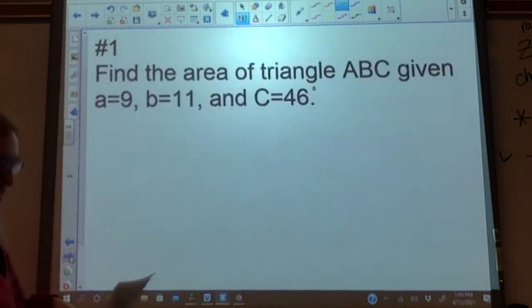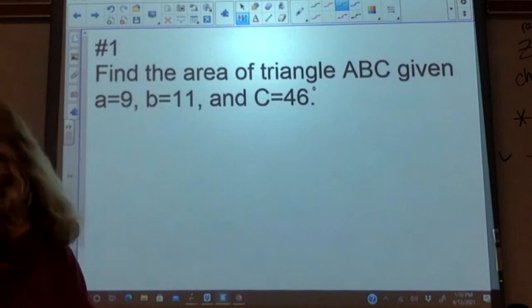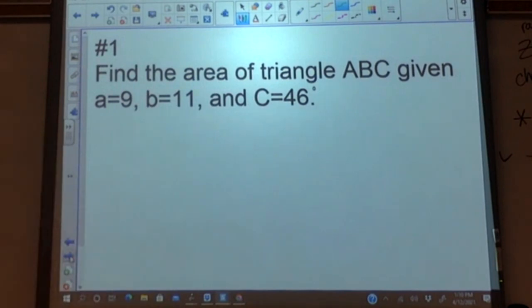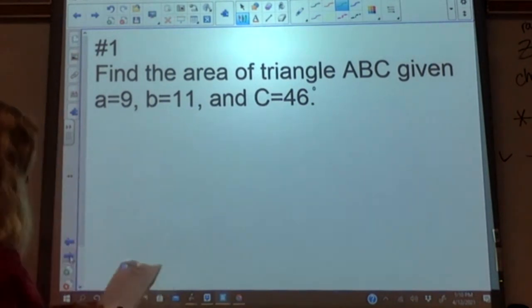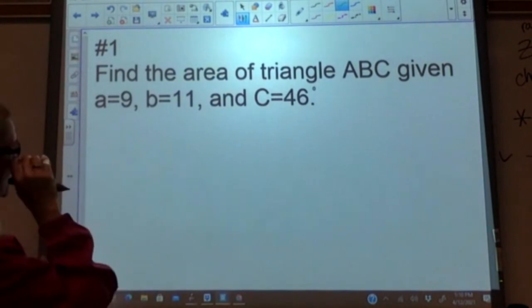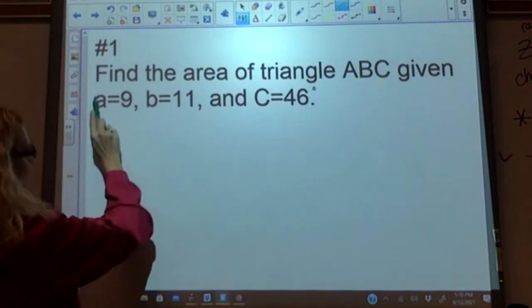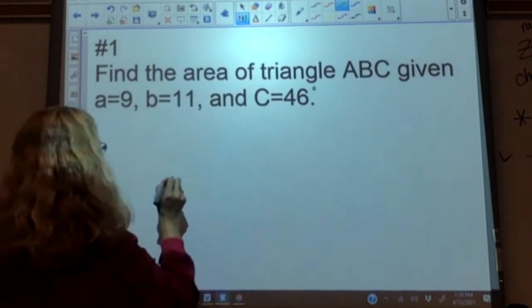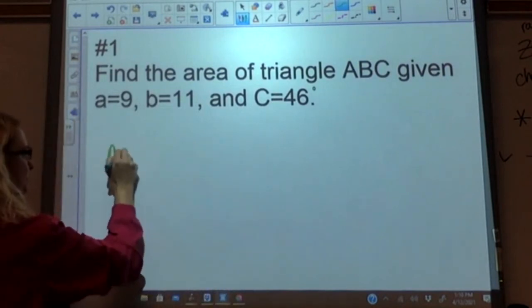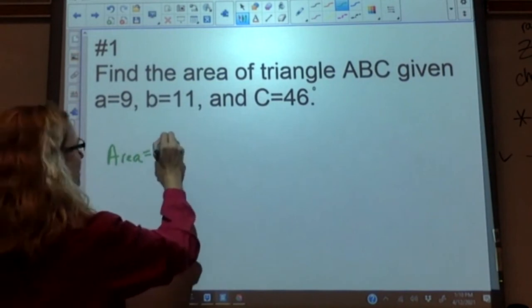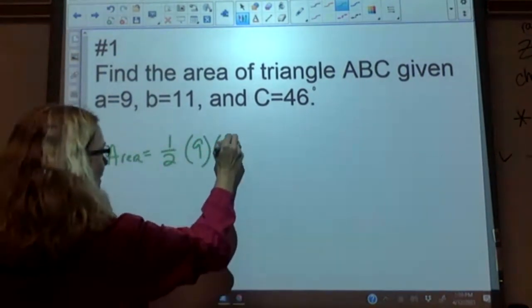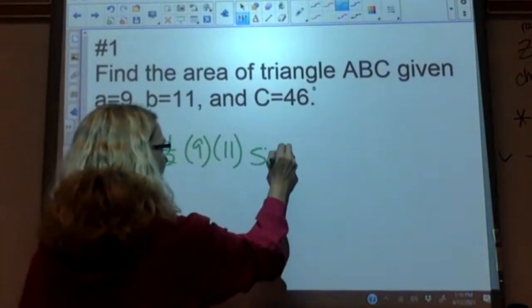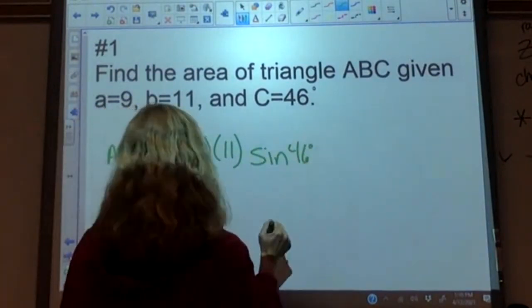there's a worksheet that's online that you're going to do. It's actually the 16-8 worksheet. And so I just had done a couple of these in my notes to work. This one is asking you to find the area. So you've got sides A, B, and then angle C. So we would do area equals 1/2 times 9 times 11 times sine of 46 degrees.